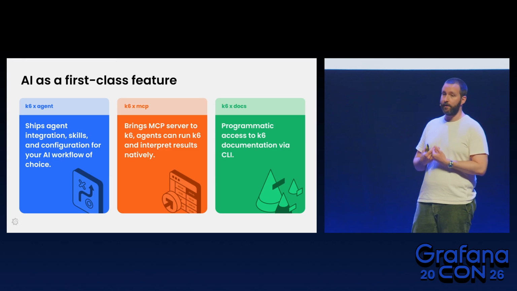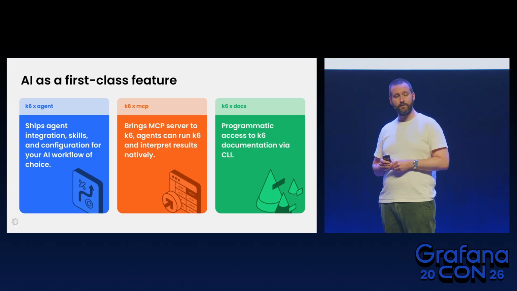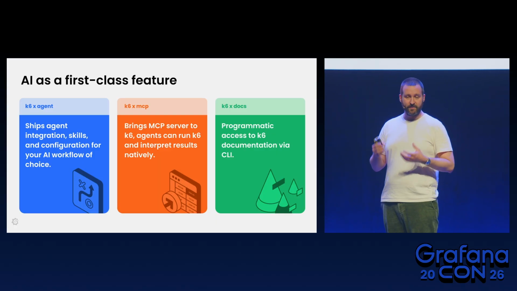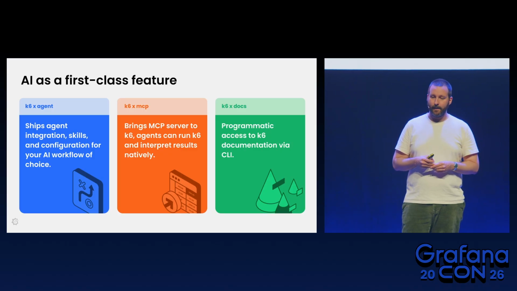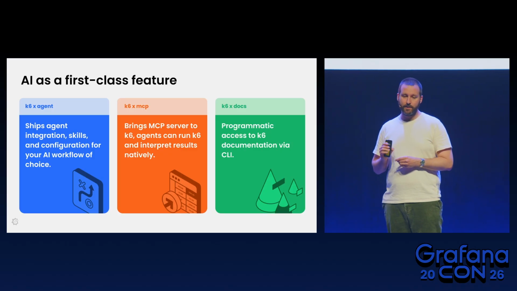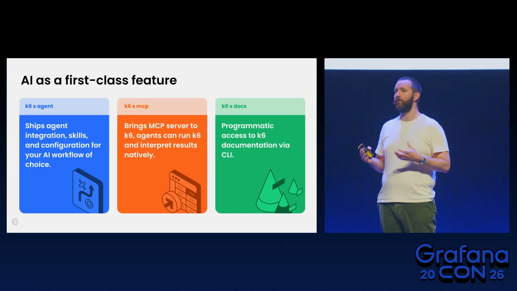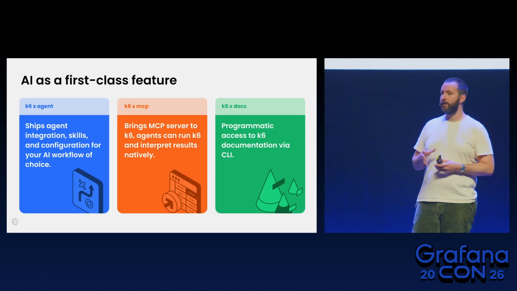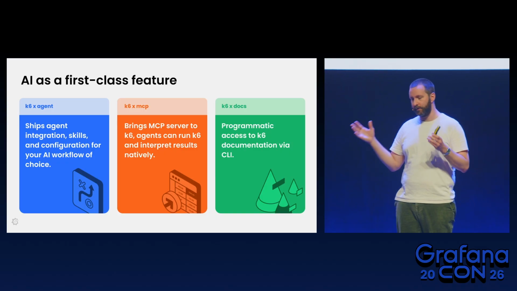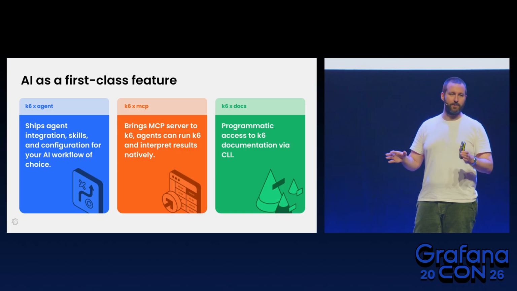And we did that for ourselves, and we are shipping 3 subcommand extensions, which are specifically targeted at AI and agentic workflows. The first one of those is the agent command. It is really hard to name such a feature, but essentially what it does is you run it inside of your project, and it's going to configure your agentic workflow of choice, Claude Code, Codex, Cursor, OpenCode, you name it.